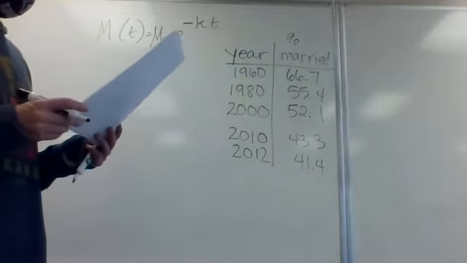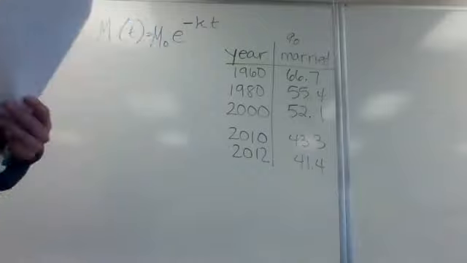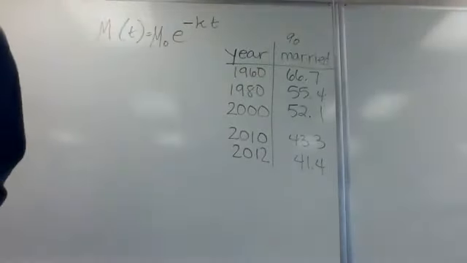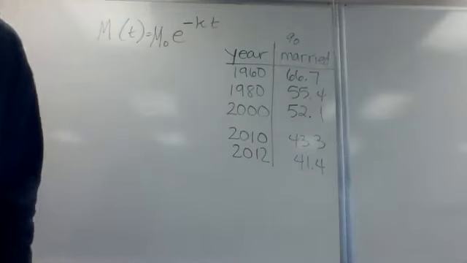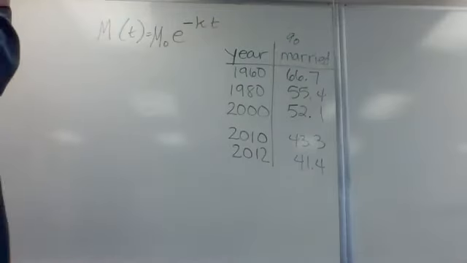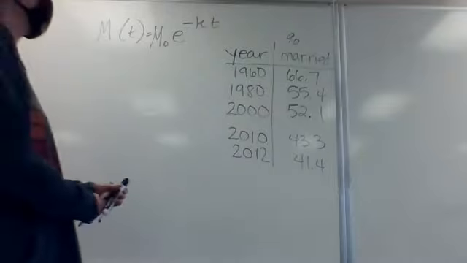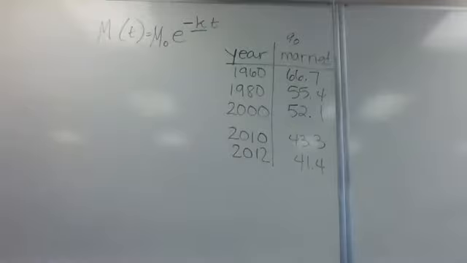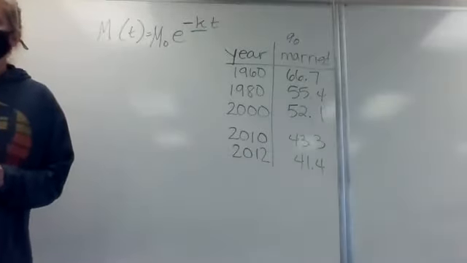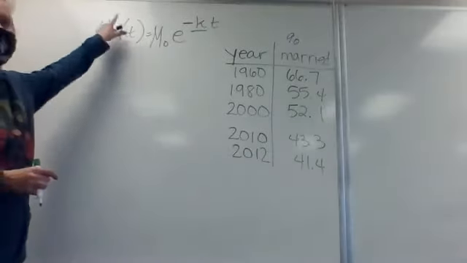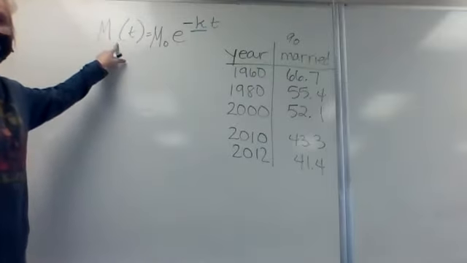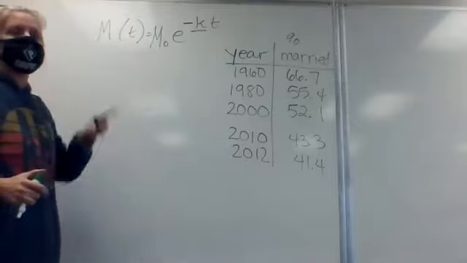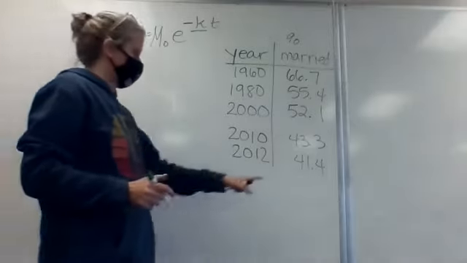Assuming that the percentage of adults who are married will continue to decrease according to the exponential decay model, complete parts A through C. Okay, so the first thing it wants me to do, it says, is find the K, which means I need to know everything else. So what does this stand for? The same thing it did in the last one. That's the end amount. So what was the percentage married at the very end of the story?